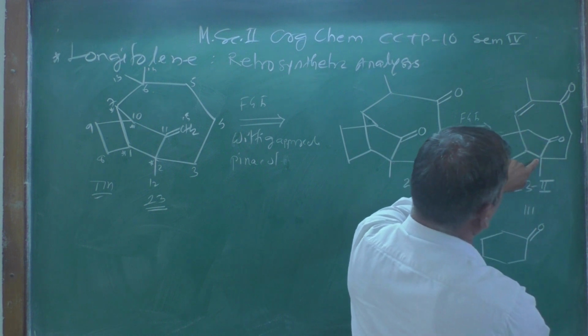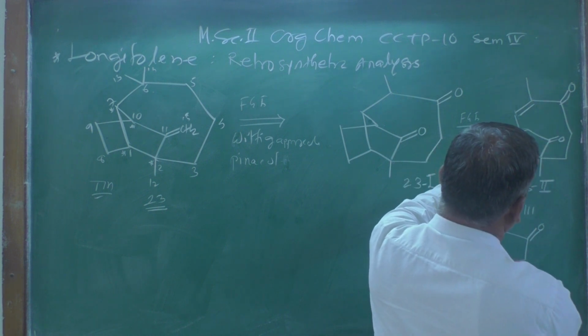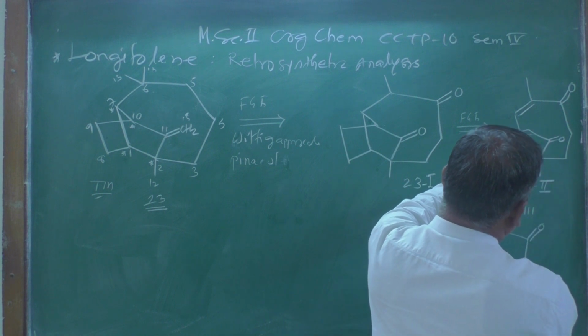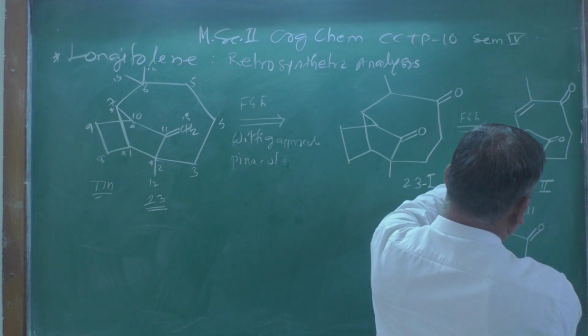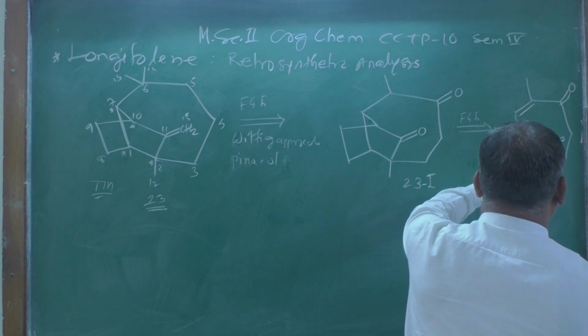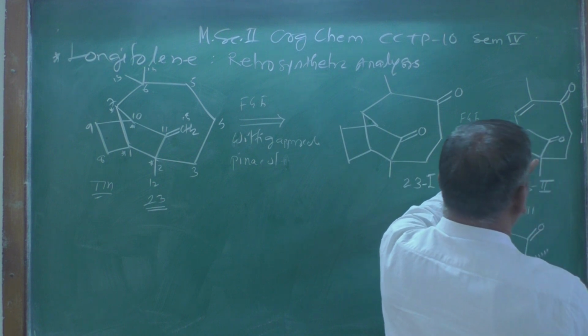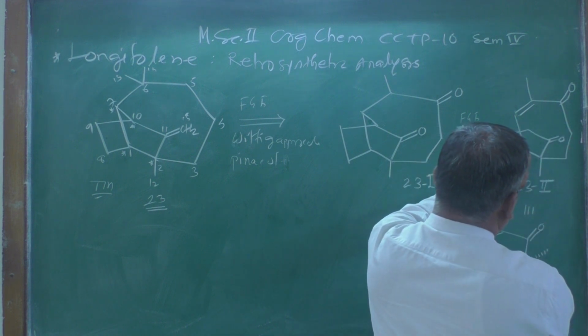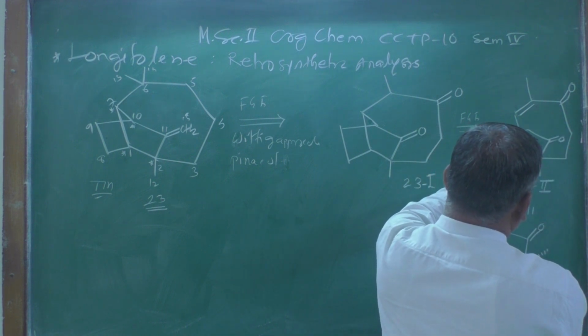Now this junction, and this part, right? This part will have one methyl group. That methyl group I am showing like this, with stereochemistry over here, and this bond is there.